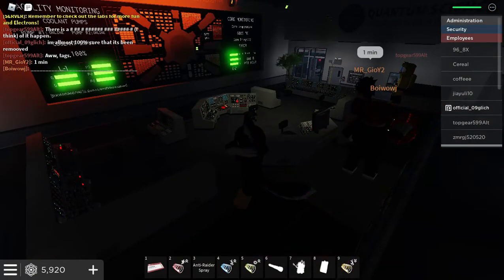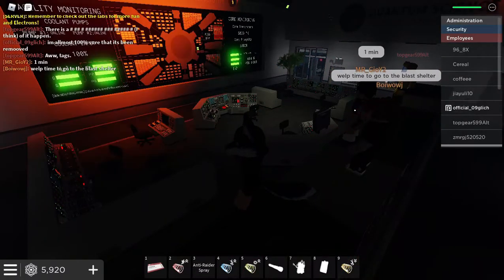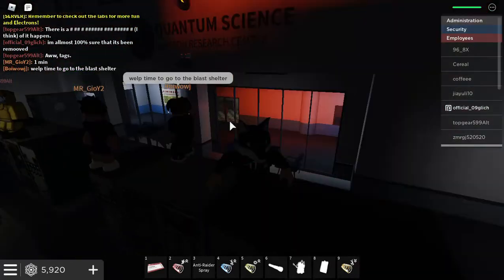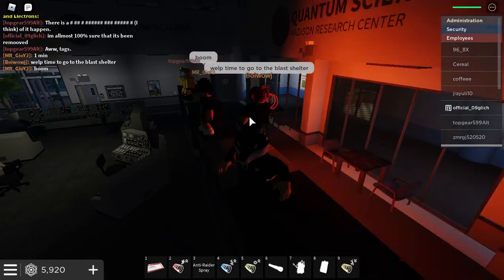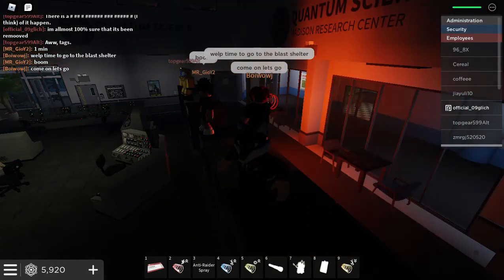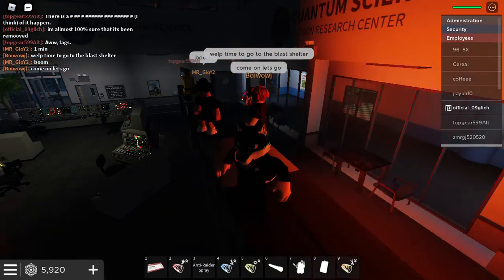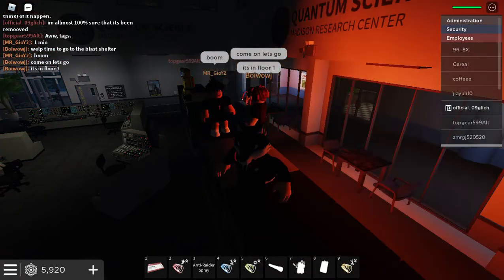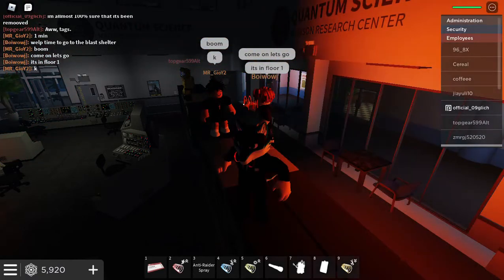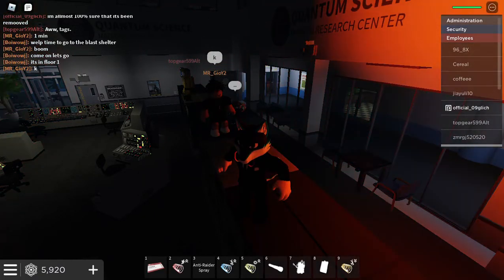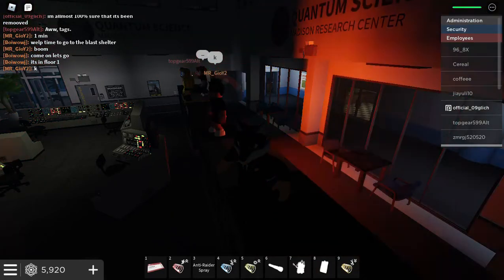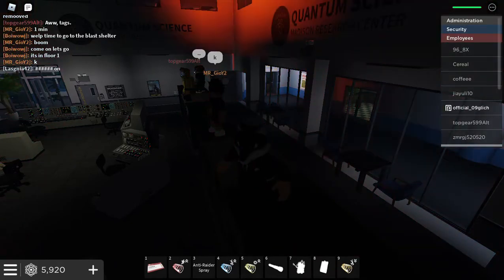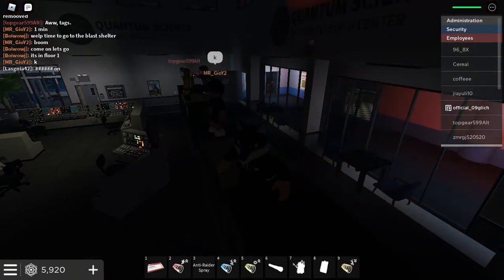Dark matter reactor superstructure integrity dropping. Engage thermal systems immediately. Attention, facility critical.